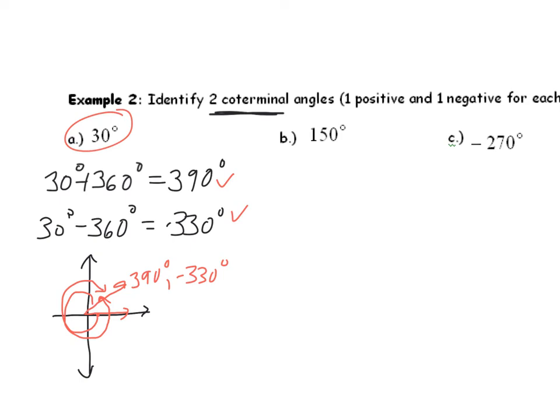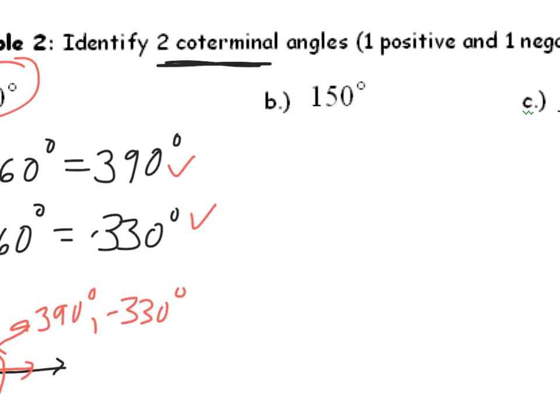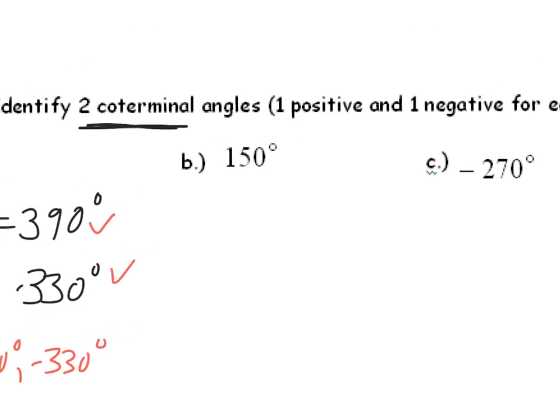Let's try it again. So let's say I wanted to find a coterminal angle for 150 degrees. So that's one you just took a second to draw a few minutes ago. So what I could do is just take 150 degrees and add on 360. I just add on that one revolution, and then adding on that one revolution gets me to that exact same terminal side.